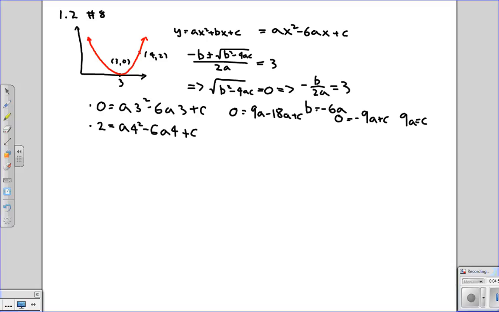The second equation says that 2 is equal to 16a minus 24a plus c, or equivalently, 2 is equal to negative 8a plus c, or 8a is equal to c minus 2. So we have these two equations now.